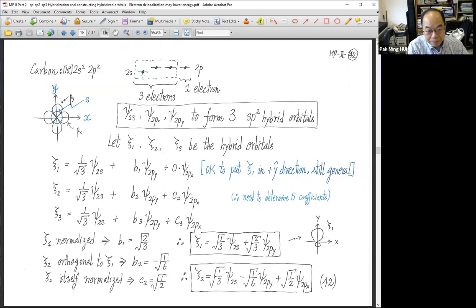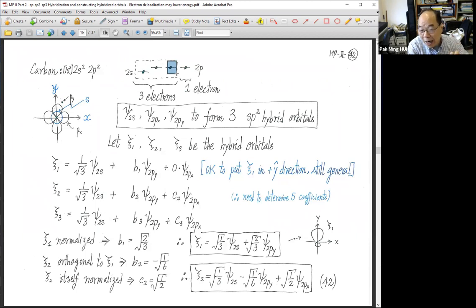For carbon, there are 4 electrons in the n equals 2 level. We can look at it as 1 in 2s, and 3 in px, py, pz, according to Hund's rule. What is involved in sp2 is 1 electron in the s, 1 in the px, and 1 in the py.